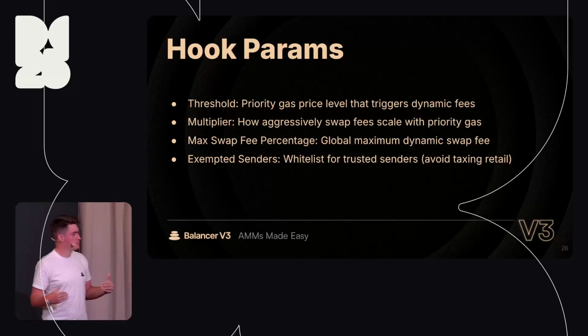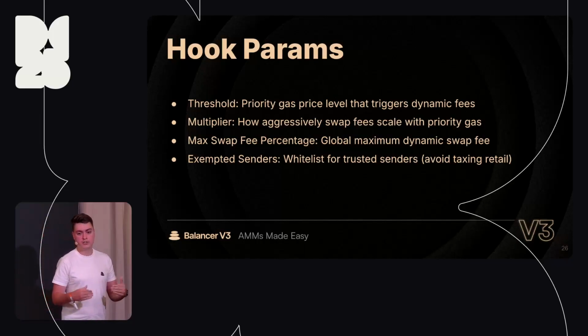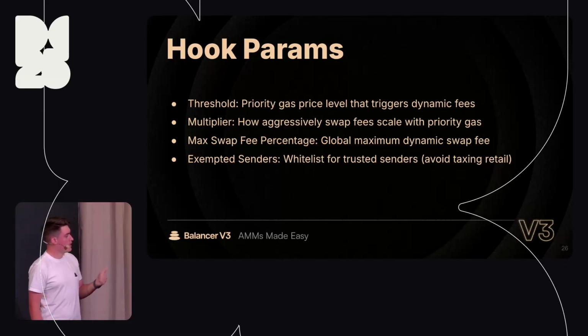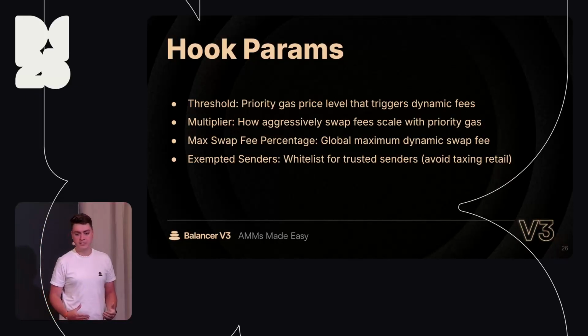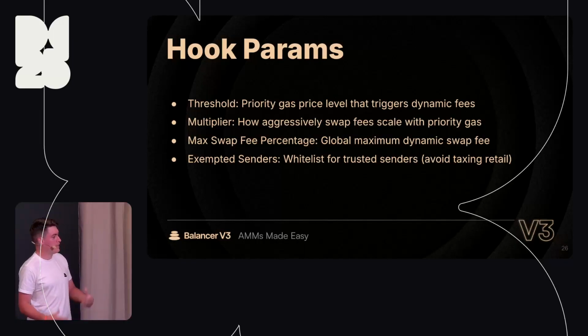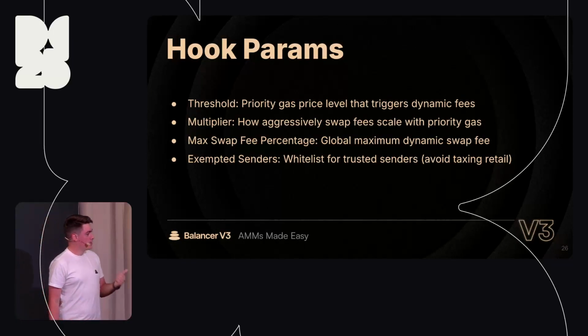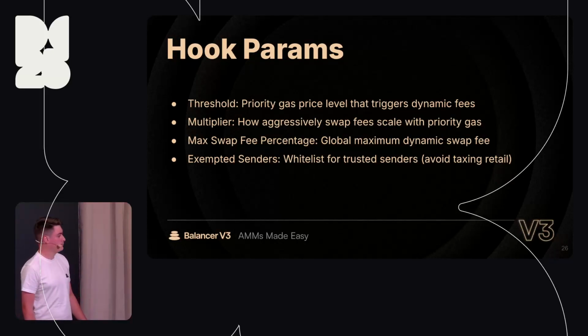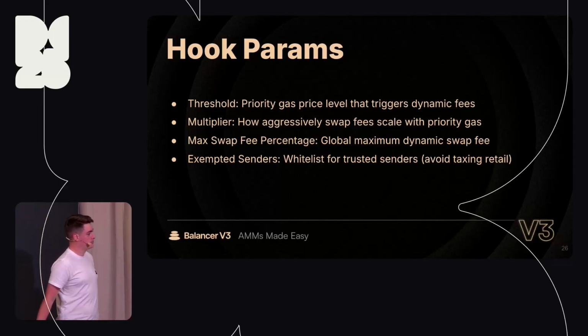So we have this threshold in order to distinguish between retail flow and arbitrage flow. We have the multiplier, which means how aggressively we're increasing the fee based on the priority gas. We have a max swap fee percentage. That's a global maximum dynamic swap fee. That's mostly for safety reasons.